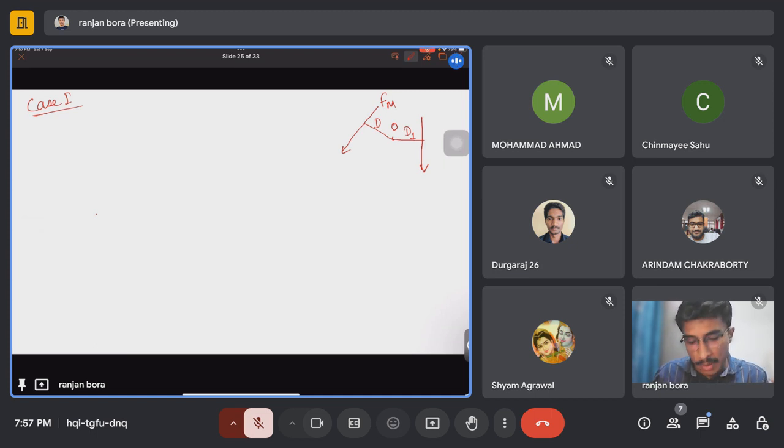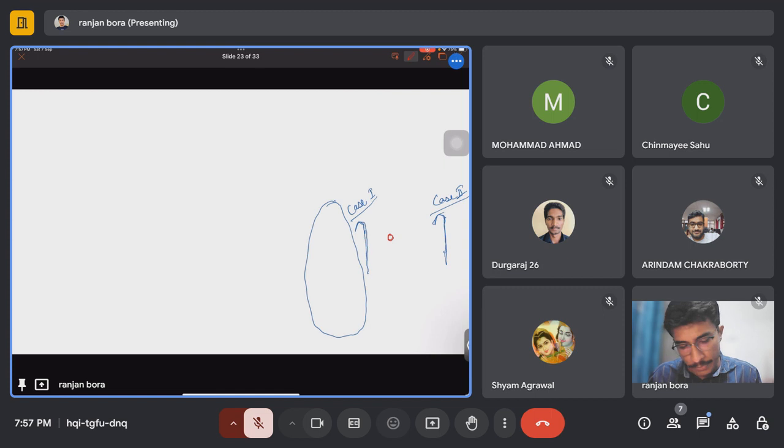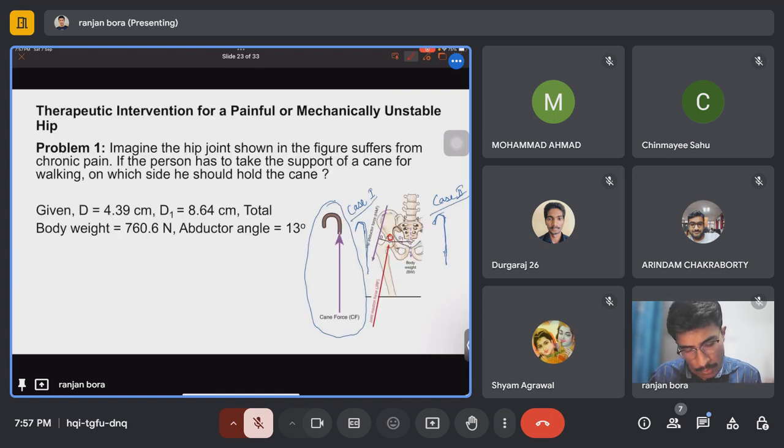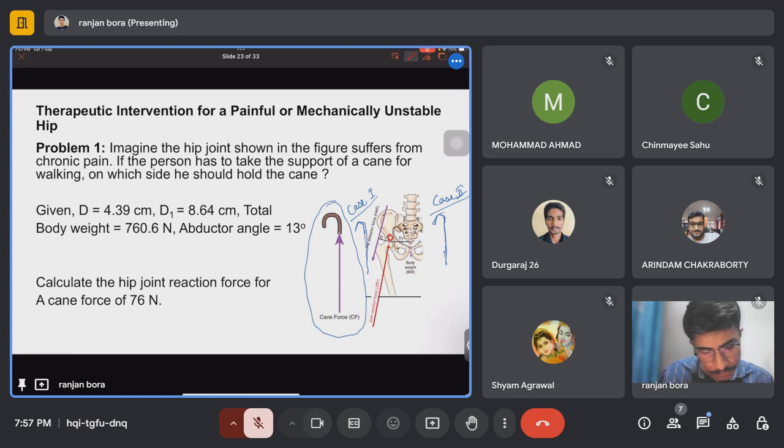Here the body weight is BW, which is the total body weight, and the total body weight given is 760.6 Newton.